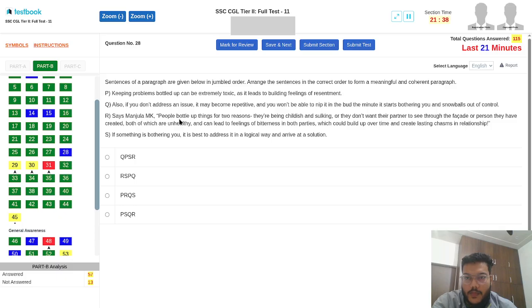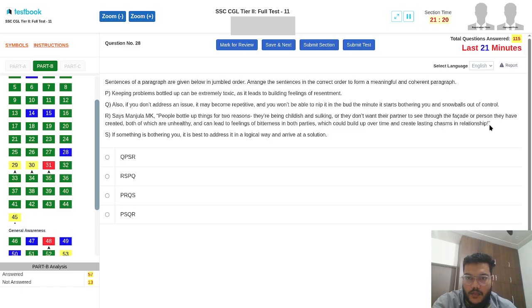Says Manjula MK, people bottle up things for two reasons. They are being childish and sulking, or they don't want their partner to see through the facade or person they have created, both of which are unhealthy and can lead to feelings of bitterness in both parties, which could build up over time and create lasting chasms in relationship.